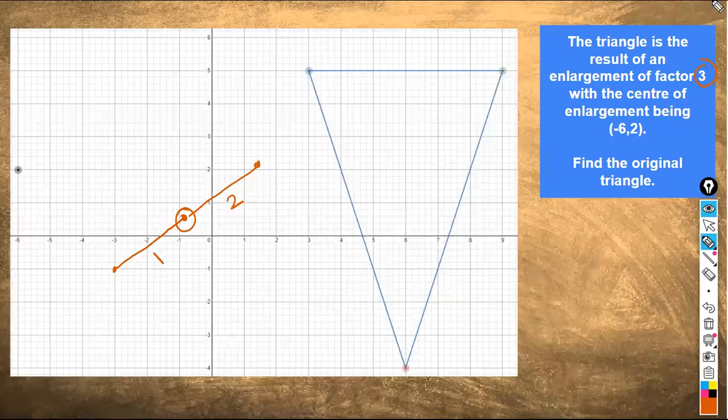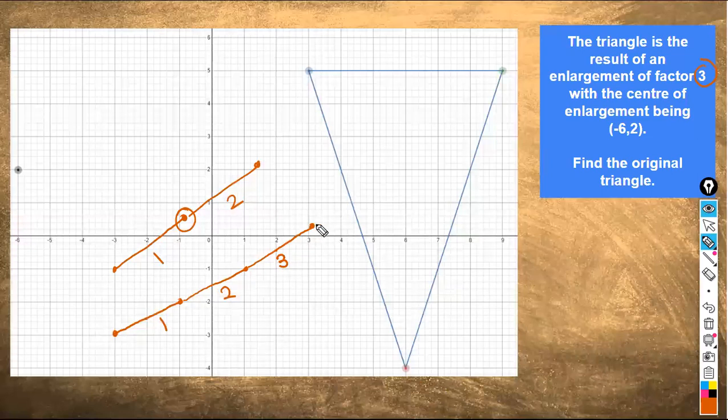If it's an enlargement of factor 3, remember from the first point to over here would be 1. Then you would have to enlarge it one more time. That would be 2. And then since it's an enlargement of factor 3, you go one more time, and that would make it 3. Everyone remembers that, right?